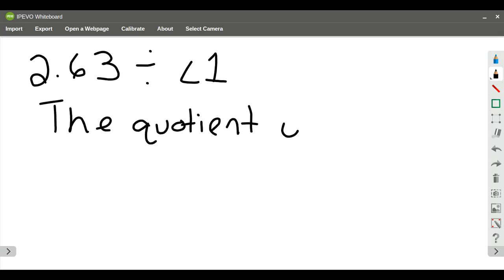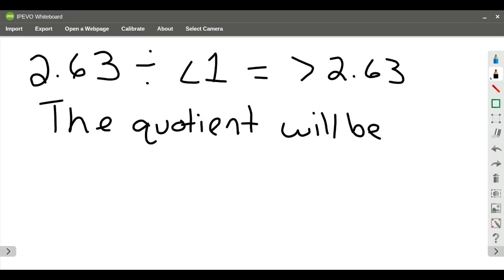So that's how I can show it mathematically: the quotient will be greater than 2.63.